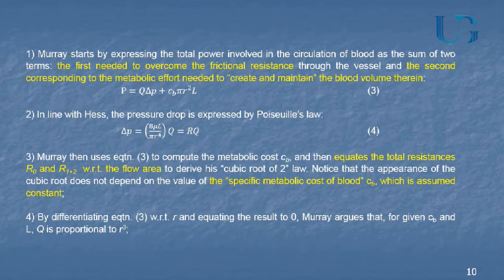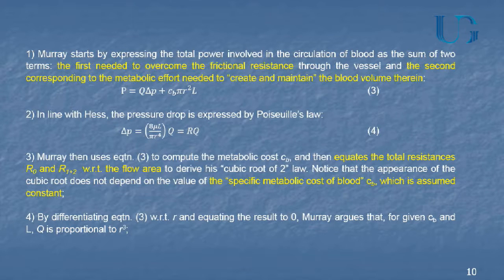It's Q delta P. You remember yesterday we mentioned that Q delta P is actually a power. Okay? It is the pumping power that you need to circulate that blood against the pressure drops. And what is this? CB is the cost of blood. He calls it the cost of blood. And this is the volume of the blood in the capillary.